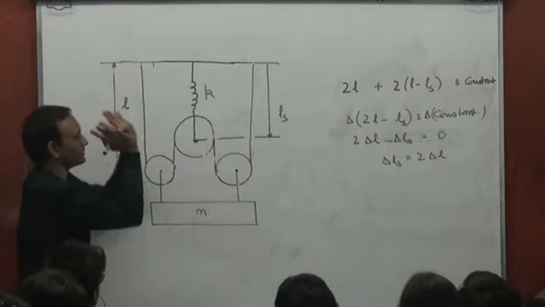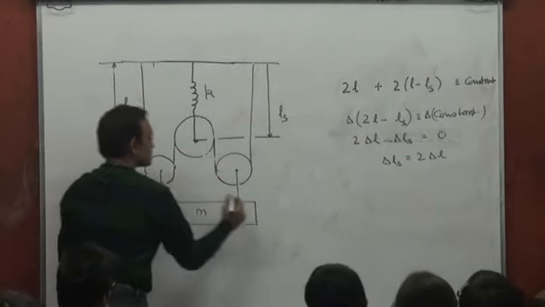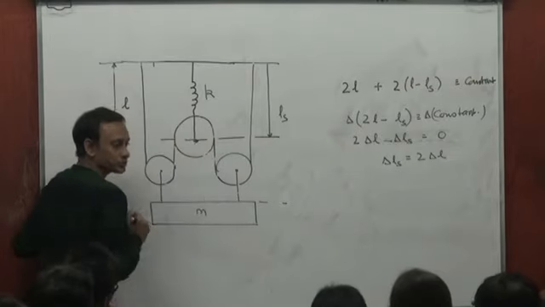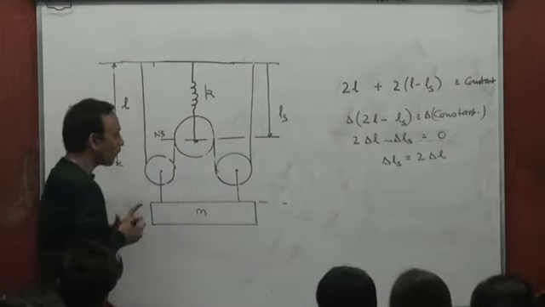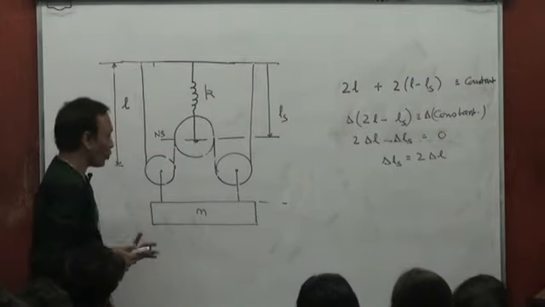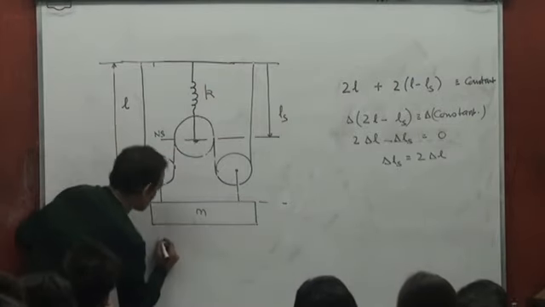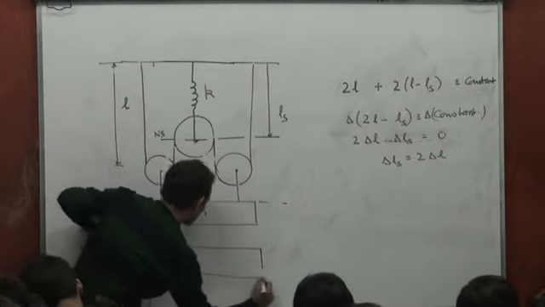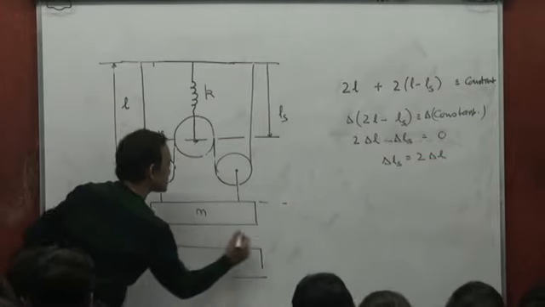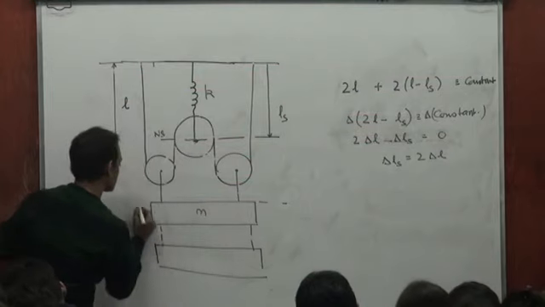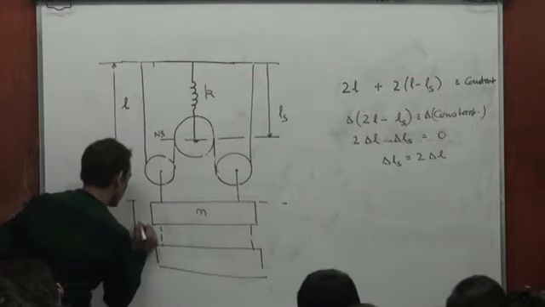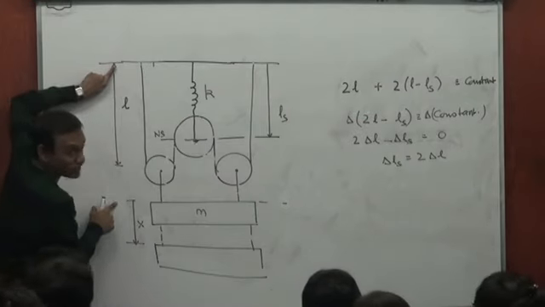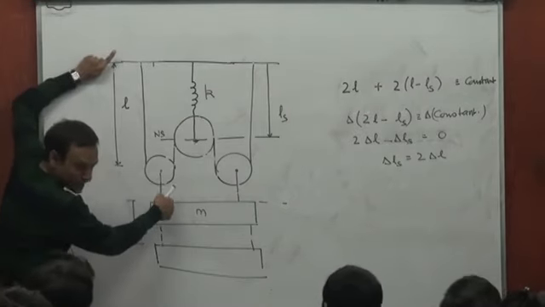Right? Okay. Let's say this is the state where the spring is natural. Now, when the mass descends by an amount x, this L would increase by an amount x because this pulley would also descend by an amount x.